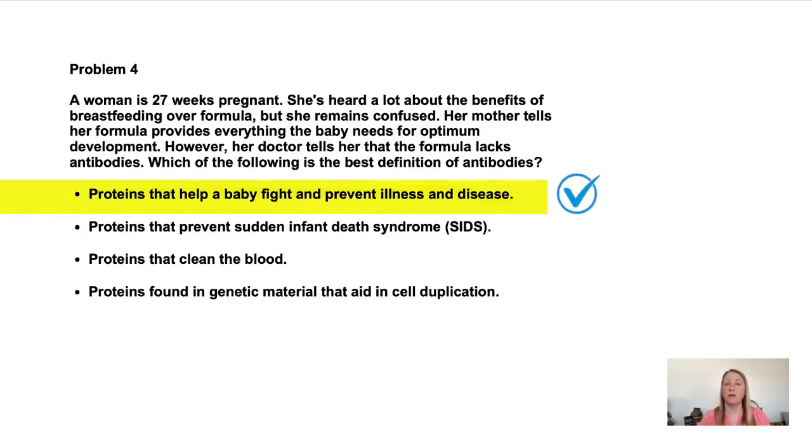The correct answer is antibodies are proteins that help a baby fight and prevent illness and disease. Young babies cannot produce enough antibodies to protect themselves in the same way as they would by receiving antibodies from the mother's breast milk.